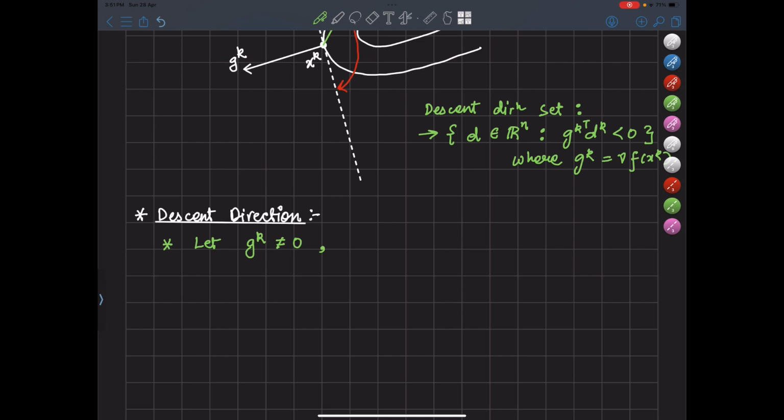So let's assume that gk is not equal to 0. Then the descent direction is given by some Ak times gk, where Ak is a symmetric matrix.